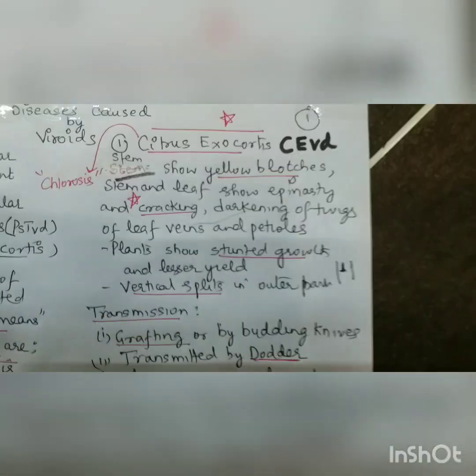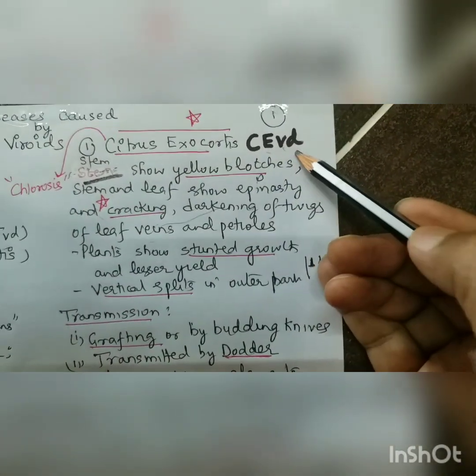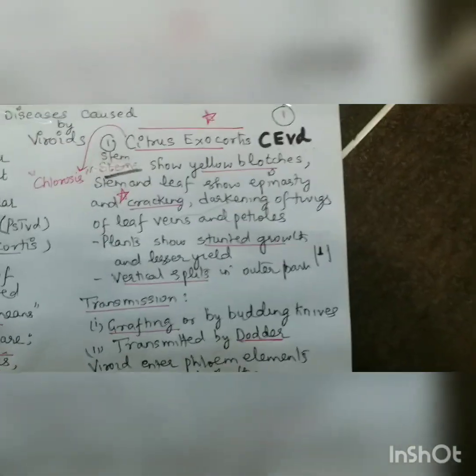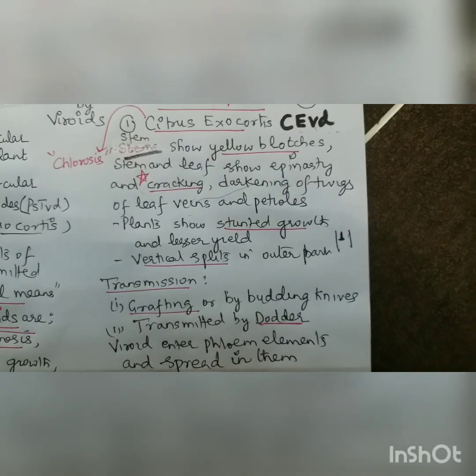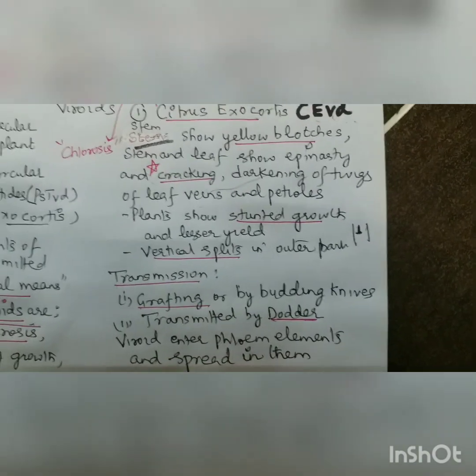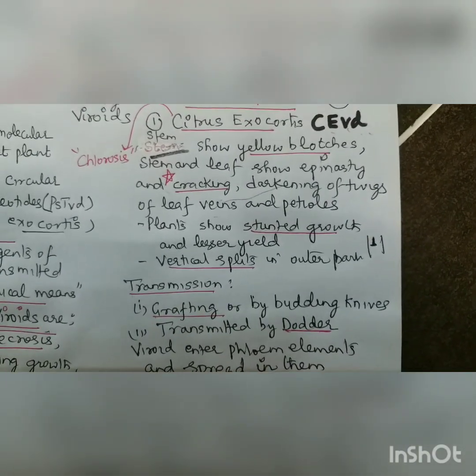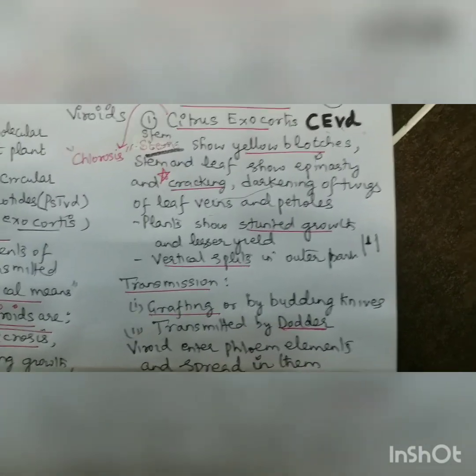Citrus exocortis is caused by the citrus exocortis viroid. The first symptoms are shown on the leaves. The leaves become yellowish purple, curled and twisted.